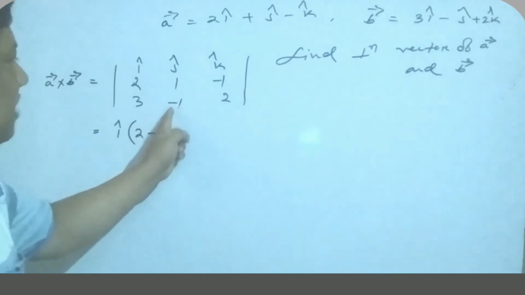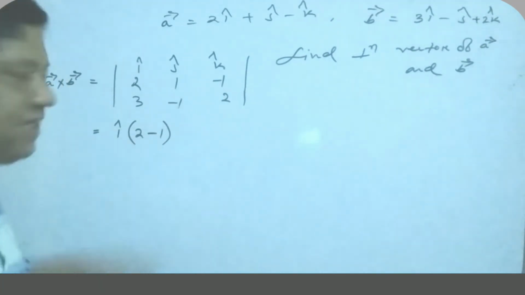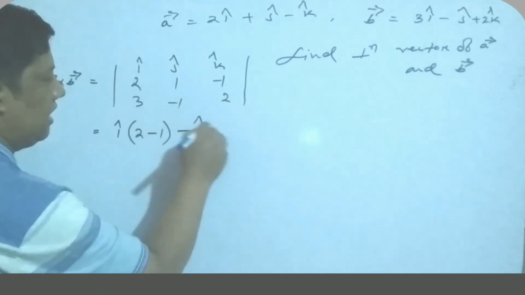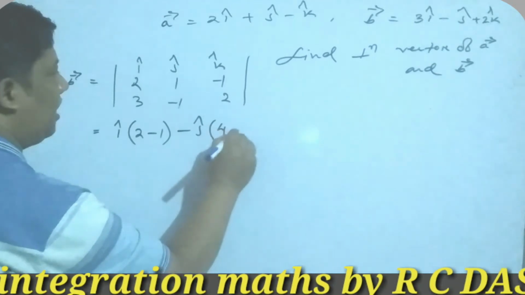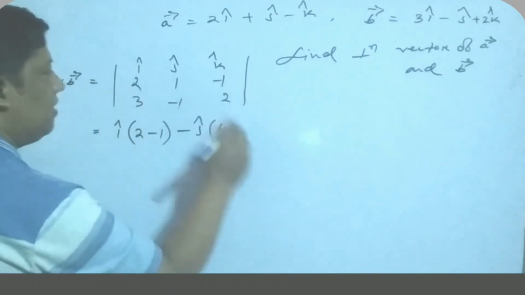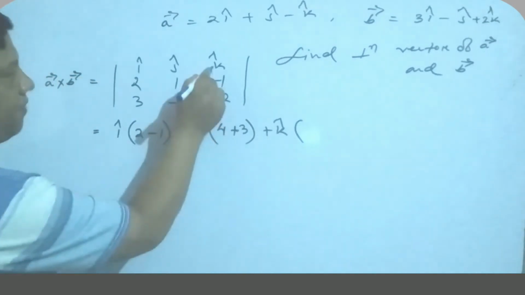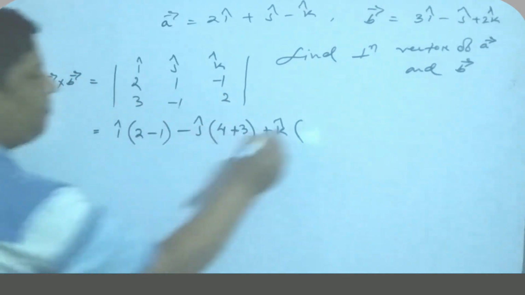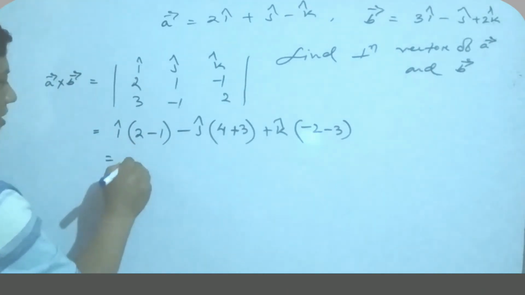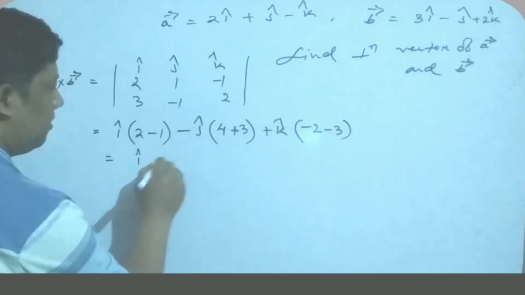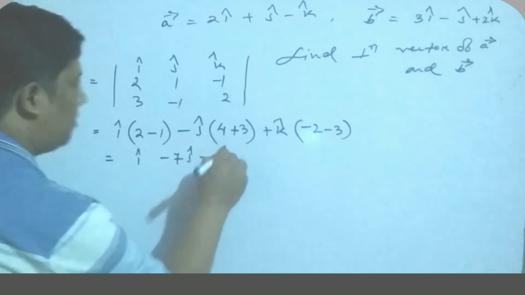Because this is minus 1, it becomes plus 1. Next, minus j: for this, these two lines cancel and these two multiply, 4 plus 3. Next for k: these two lines multiply, minus 2 minus 3. So I get i vector minus 7 j vector minus 5 k vector.